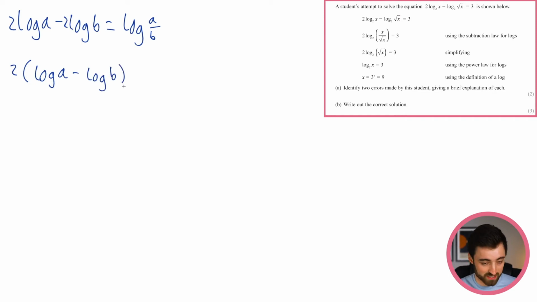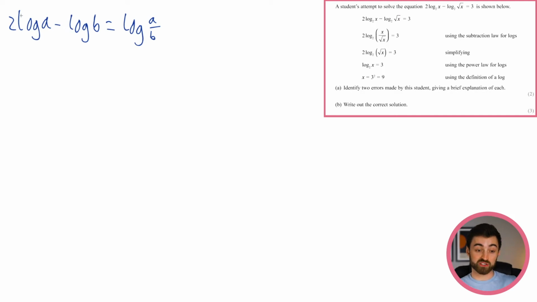So here's what I would say. Generally, use the power law first, because what we can do with the power law is bring coefficients up to the powers. Before using these laws, you want it to be just 1 log minus 1 log, or add 1 log. You don't want numbers in front of them, essentially. So that's the first mistake. Let's write that down, actually.